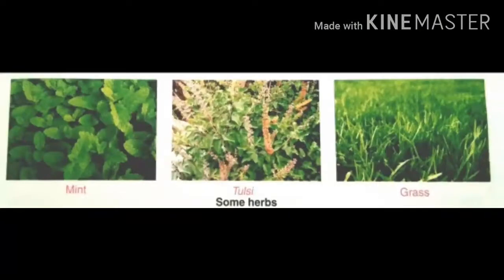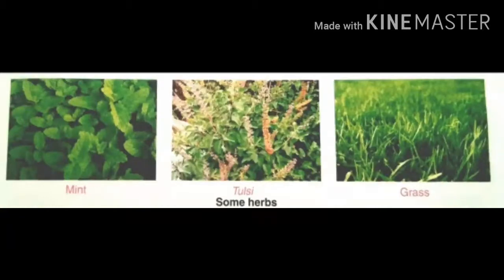On the basis of the height and the nature of the stem, plants can be classified as herbs, shrubs, trees, climbers and creepers. First we'll see about herbs.